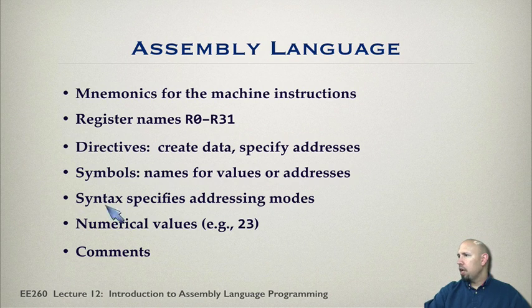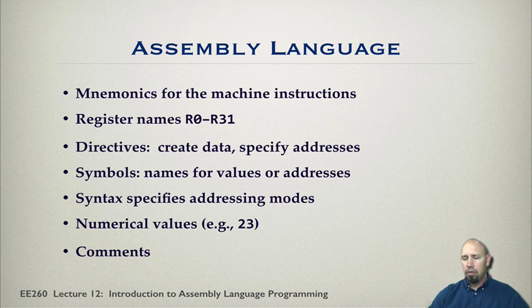You also have syntax that specifies addressing modes. We're going to talk about that later. We have numerical values that can appear in here, and you can express them in terms of decimal, binary, or hex. And like other programming languages, you can also have comments.